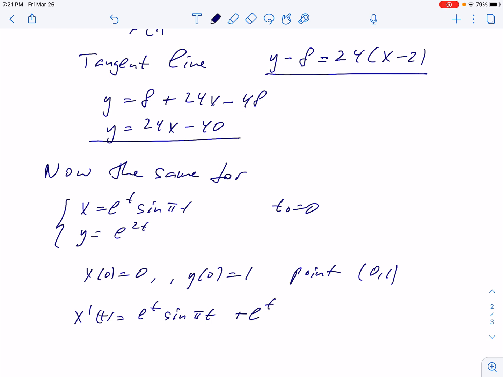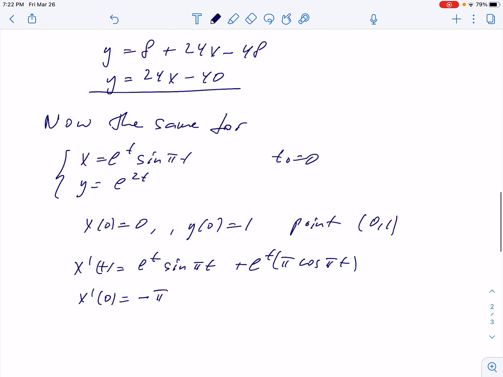We have pi comes out, cosine pi t, like that. And when we evaluate for 0, x prime of 0, the first term will be 0, and then we have 1 times pi cosine 0, which is 1. So this will be pi. After that, we find y prime of t, 2 times exponential 2t, y prime of 0 will be just 2.